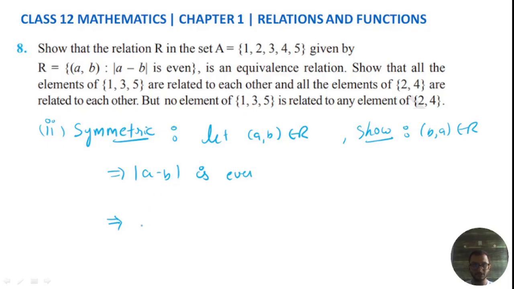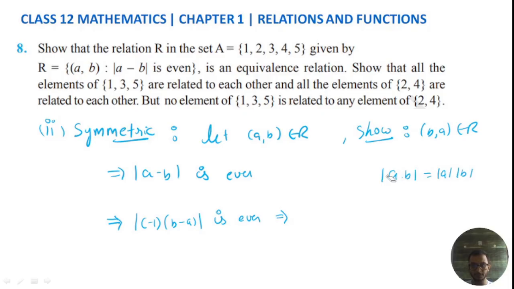So a minus b is even. Can I write this as -1 into (b minus a)? I did nothing, just took -1 common. Now you know the property of modulus, that the modulus of a into b is the same as the modulus of a into the modulus of b, right?